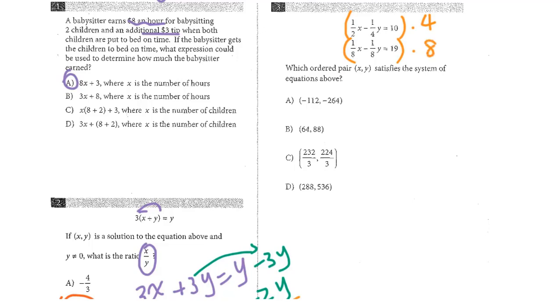So for the first one, I will get 2x minus y equals 40. For the second, I will get x minus y equals 152.